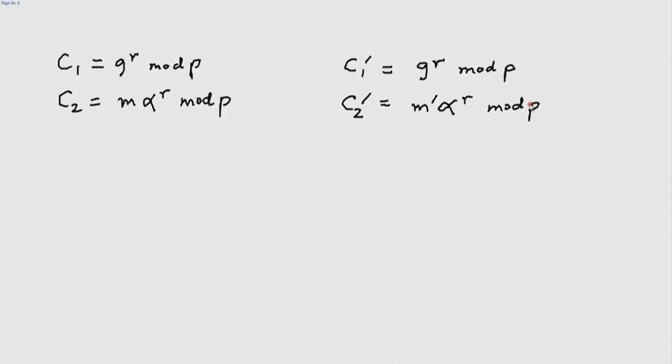Let us see the things that I know. I know what is P, I know what is G, and I can see the ciphertext.